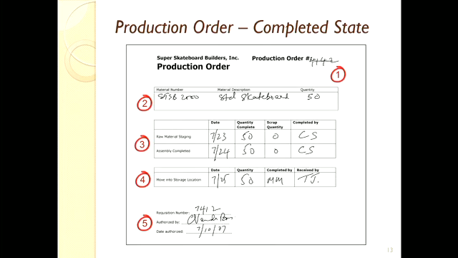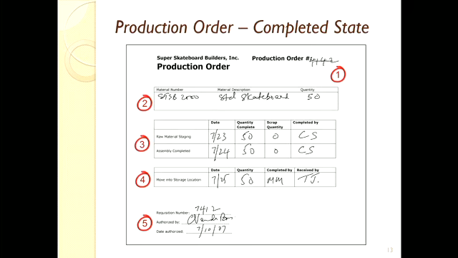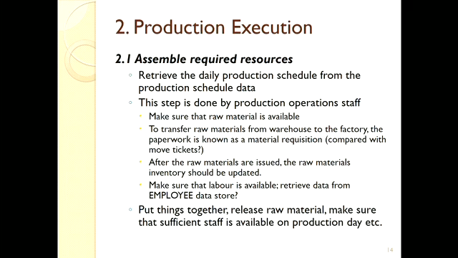This is a blank version, and this is the filled-in version, filled in by labor. In the end, the production manager needs to sign it. Otherwise, it cannot proceed to the warehouse or procurement department.